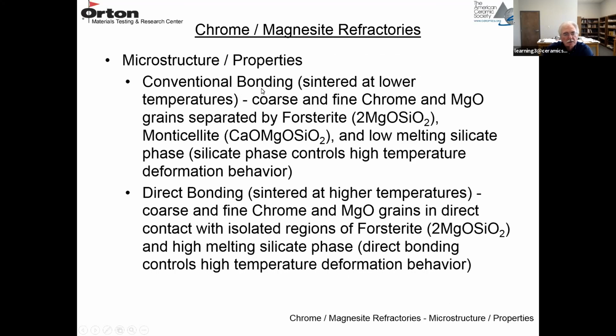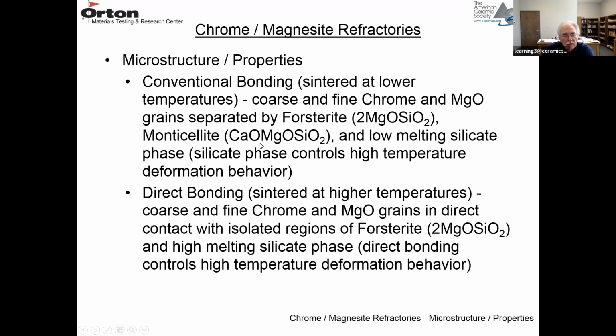So if we look at conventional bonding versus direct bonding, conventional bonding is sintered at the lower temperature. Direct bonding is sintered at the high temperature. So in a lower temperature material, you have coarse and fine chrome and MgO grains separated by forsterite, 2MgO-SiO2. That's the higher melting phase.